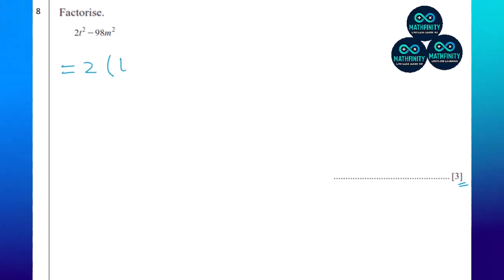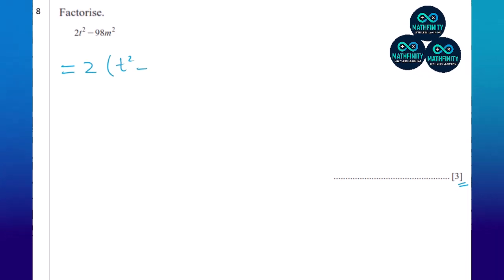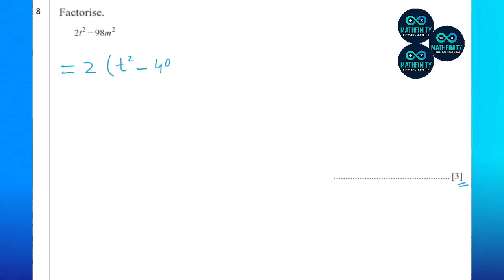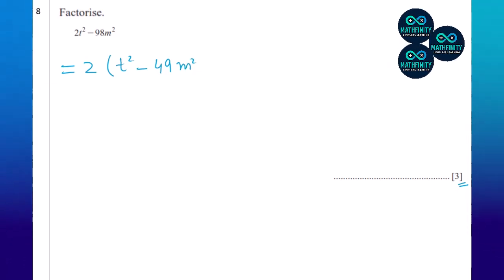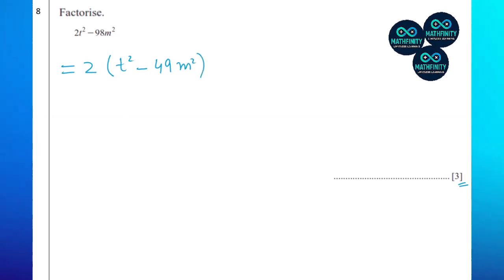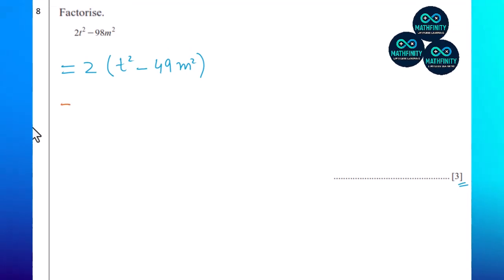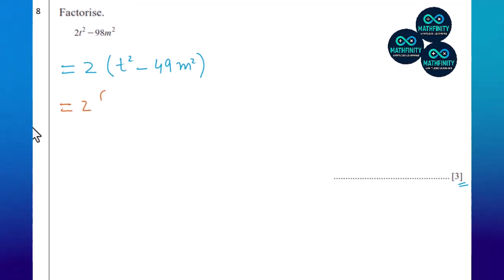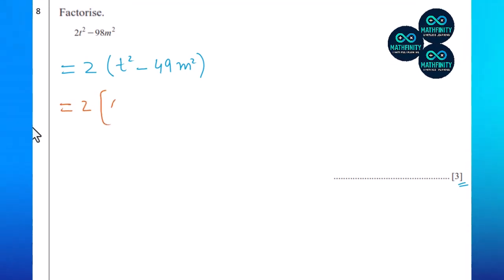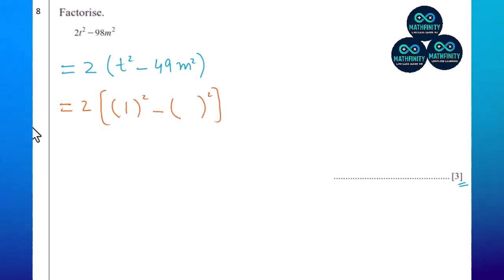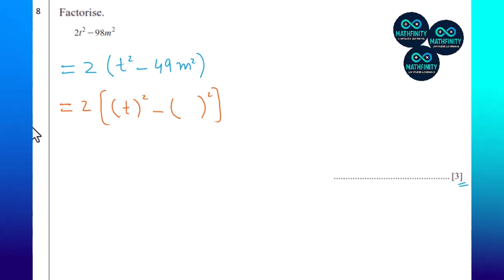We will write inside t² minus 98 divided by 2, 49m². Yes, now this is for 1 mark. We have to complete the squares. In the first square and in the second square, we can write t, and here 49, which is two same numbers multiplied.